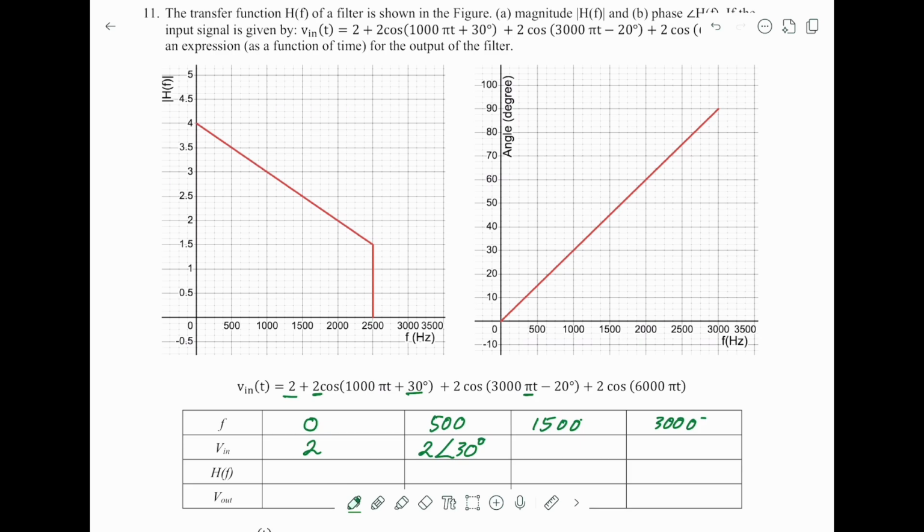Next, the third term is 2 and its phase is minus 20 degrees. The last term, the amplitude is 2 and the phase is 0.